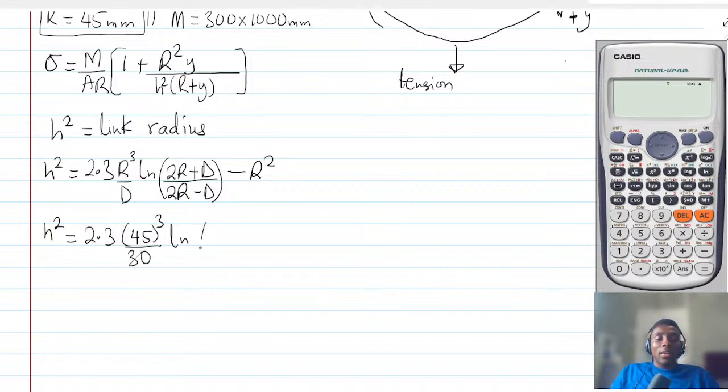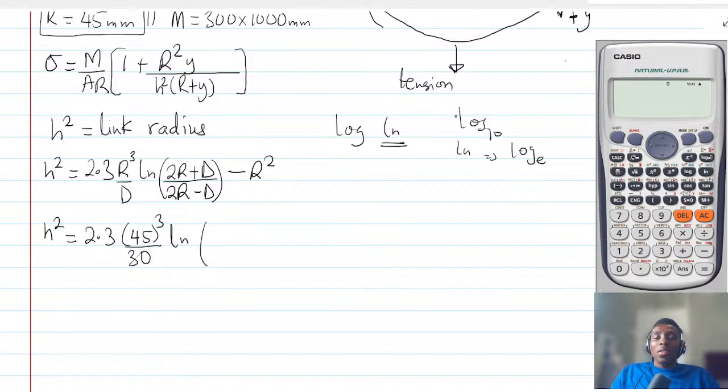Now, the ln: in some textbooks you will see log instead of ln, but it is actually ln. It is not log, because if you say log, you'll be confused. Log means log to the base 10, but ln means log to the base e.